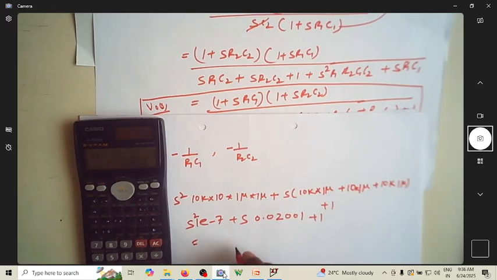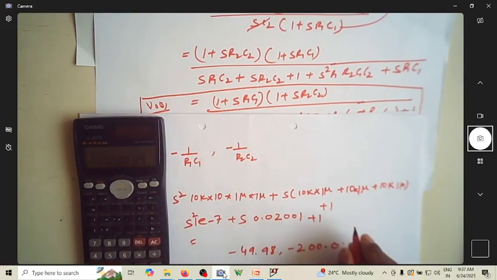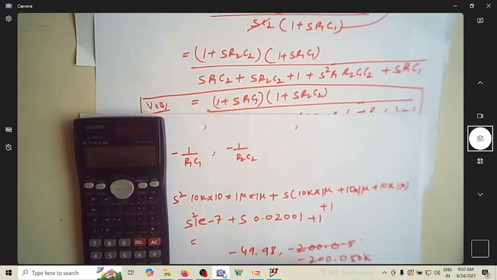So roots are minus 49.98 and the other one is minus 200.050k, this is 49, correct.